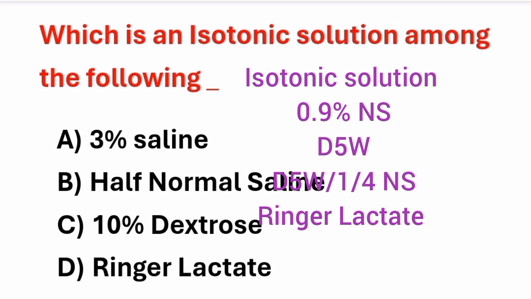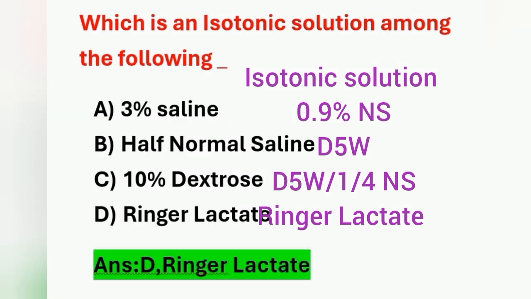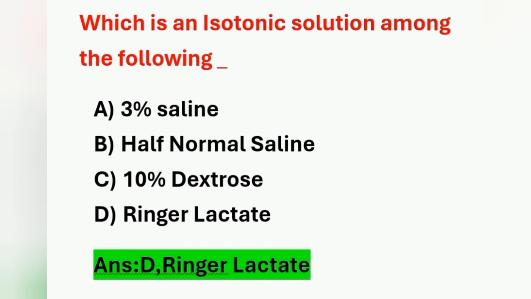Examples of isotonic solutions include 0.9% NS, that is sodium chloride, and 5% dextrose in water, and 5% dextrose in 0.225% saline, that is 1/4 NS, and ringer lactate. So here the isotonic solution among the following is ringer lactate. Option D is the correct answer.